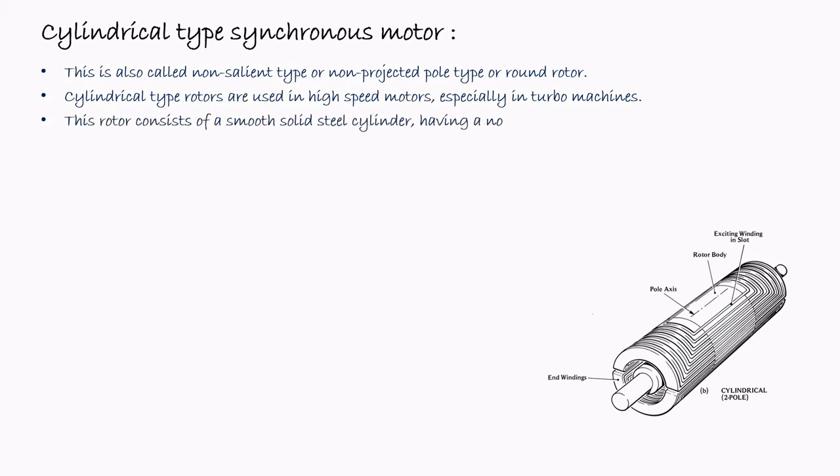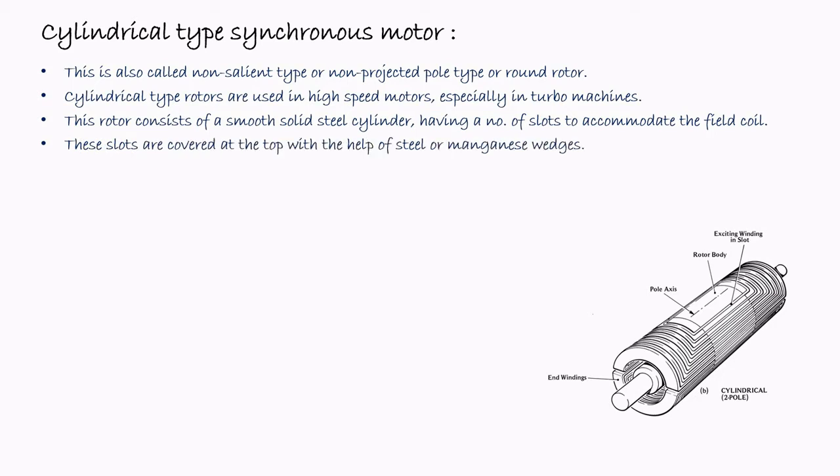This rotor consists of a smooth, solid steel cylinder having a number of slots to accommodate the field winding. These slots are covered at the top with the help of steel or manganese wedges. The unslotted portion of the cylinder itself acts as a pole, that we can see here.